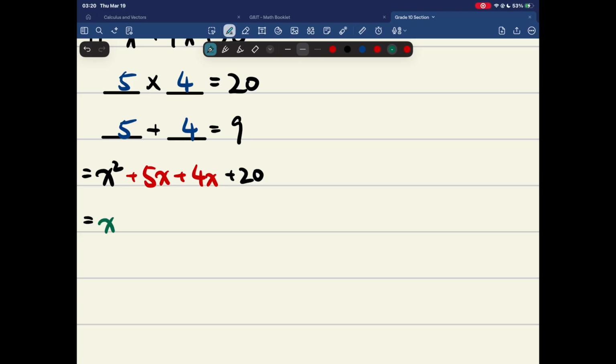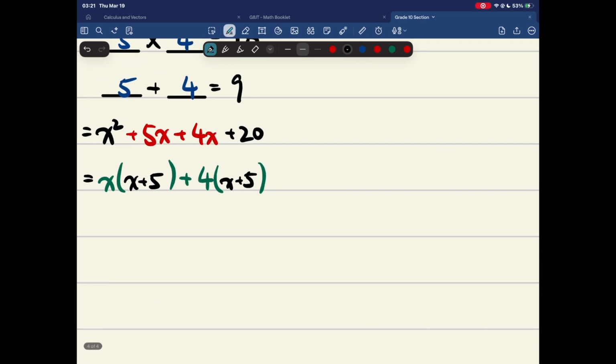It equals x bracket x plus 5, and for 4x and 20, you can factor out the 4, and bracket x plus 5. And for the final answer, you'll have x plus 5 and x plus 4.